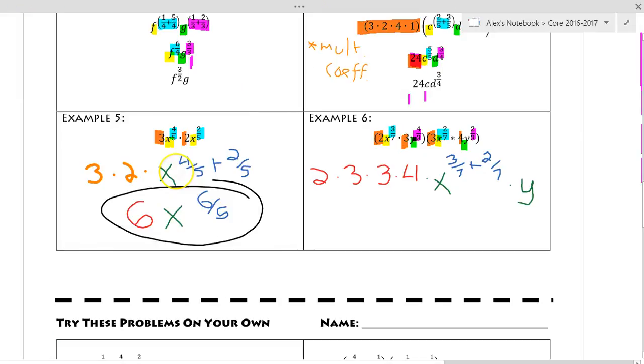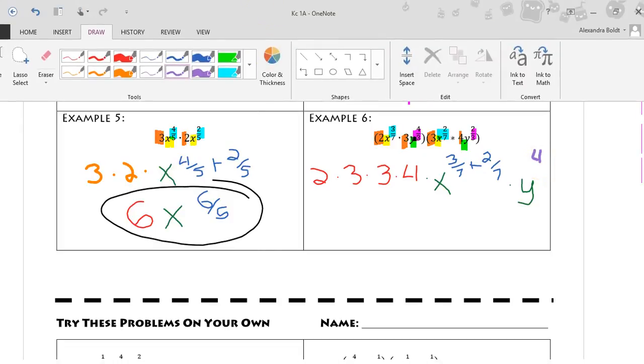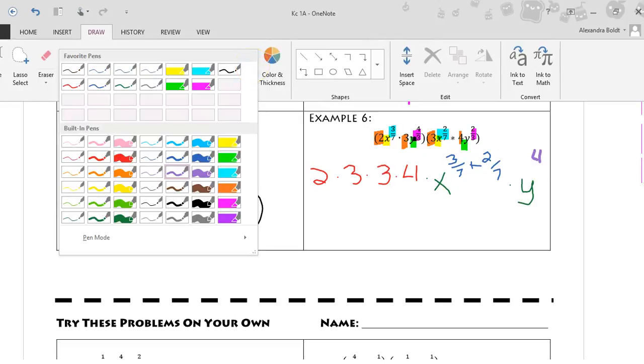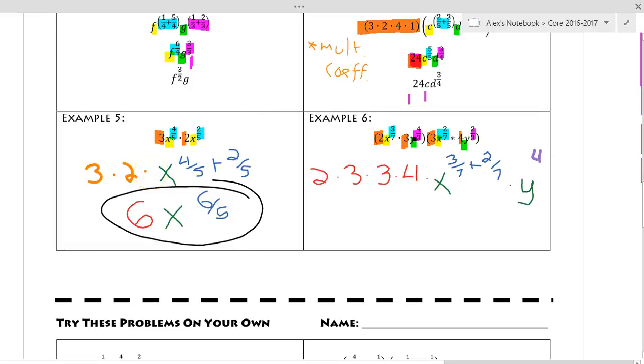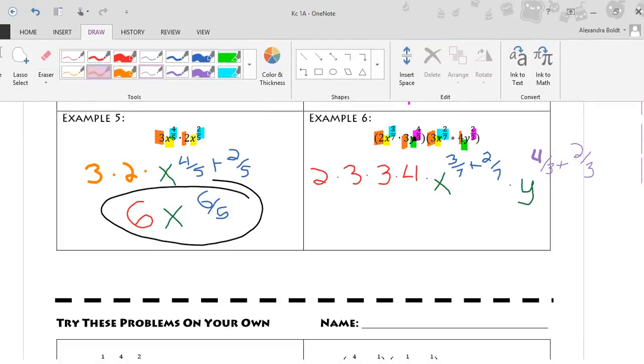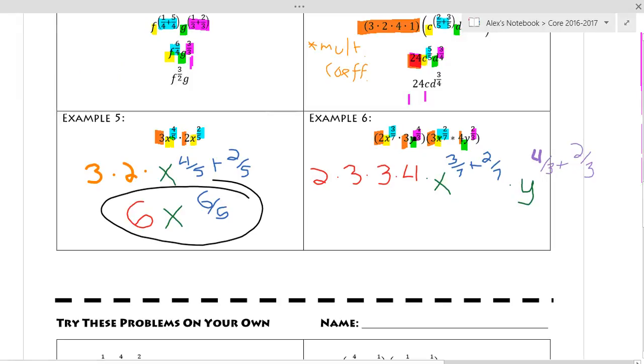And y is raised to the 4/3 and the 2/3. So that is my final answer. 2 times 3 times 3 times 4. If you multiply all of those together, you should get 72 in your calculator.